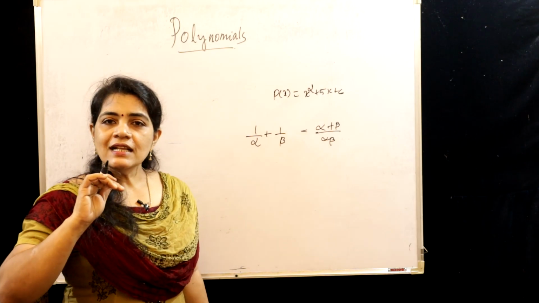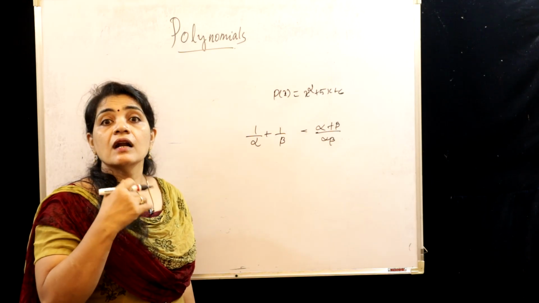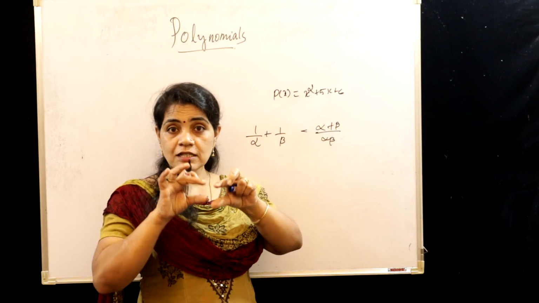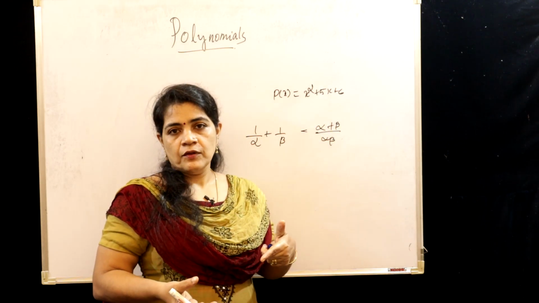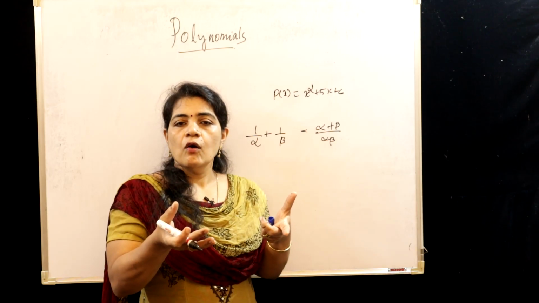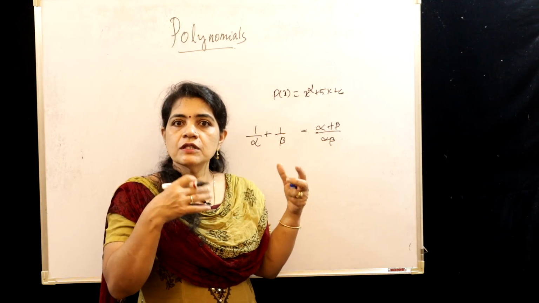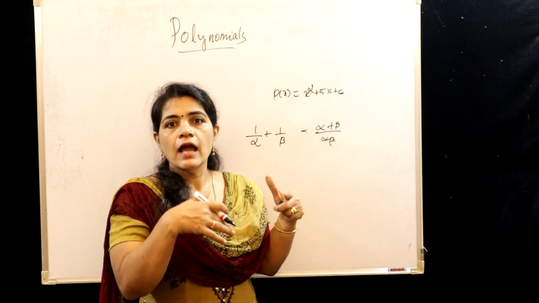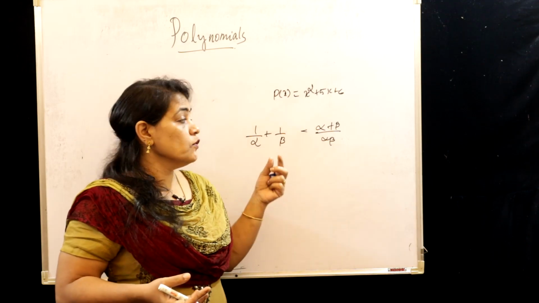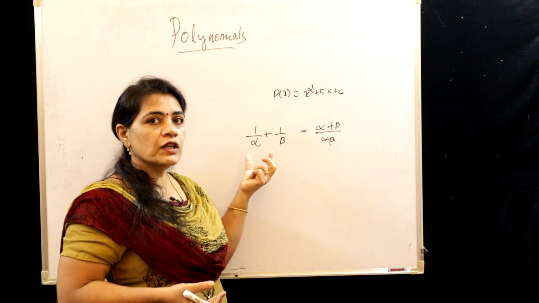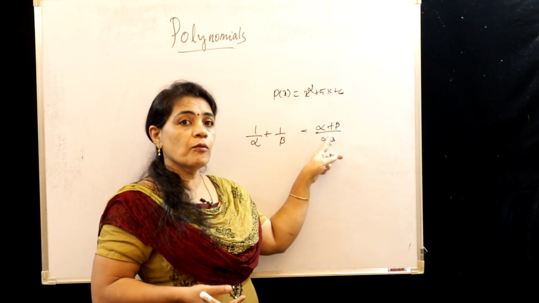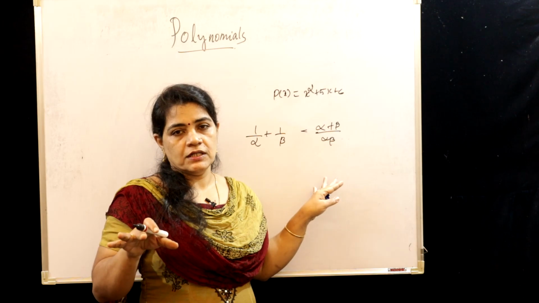You can easily get the answer if you can convert the expression into the form of alpha plus beta and alpha beta, or their powers, like alpha plus beta whole square or alpha beta whole square. If you know alpha plus beta, you can substitute and square, and so reach the answer. Other than this, directly we won't get the answer. You have to do the cross multiplication and make it in the form of alpha plus beta and alpha beta.